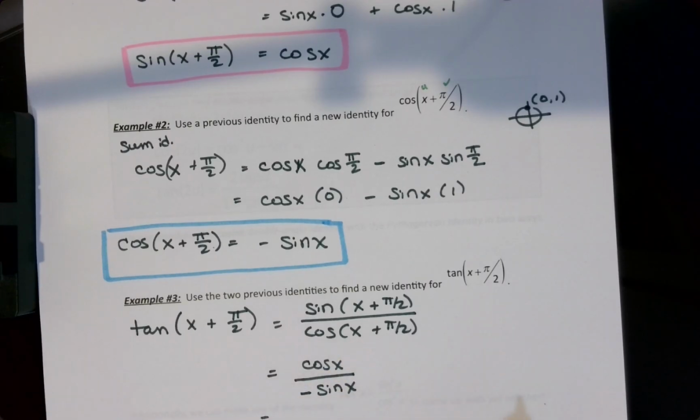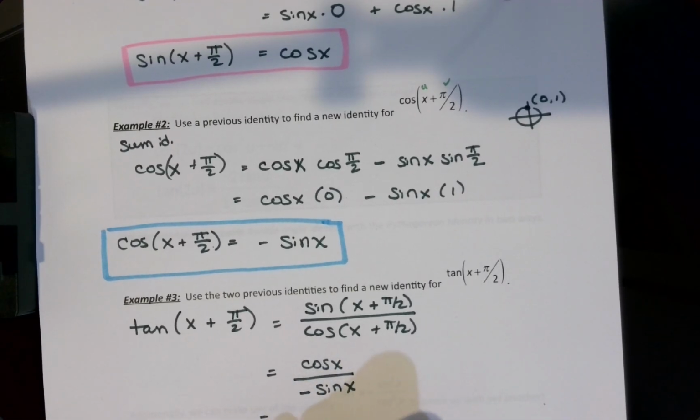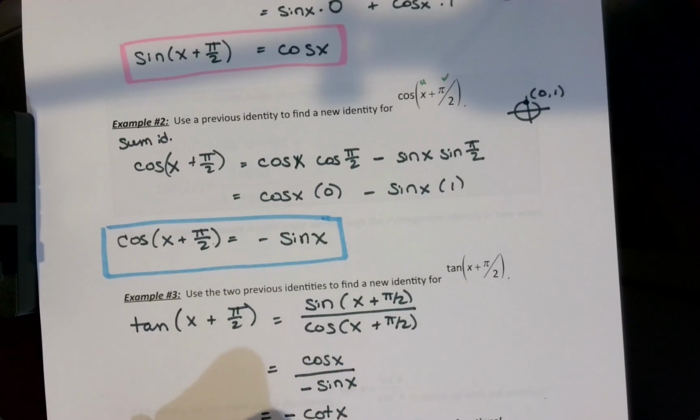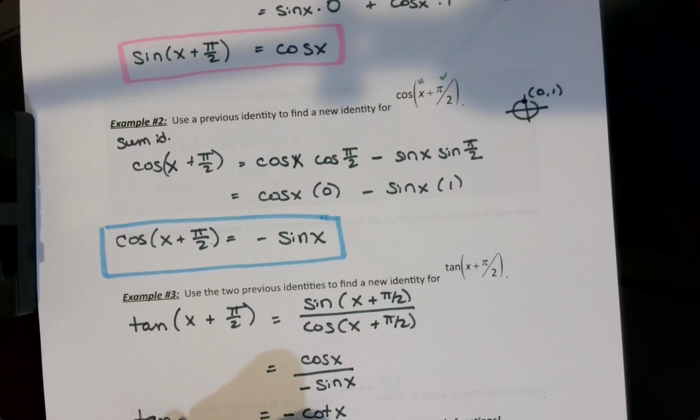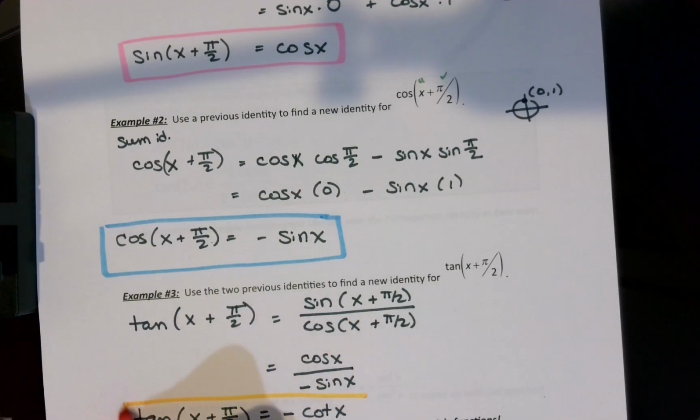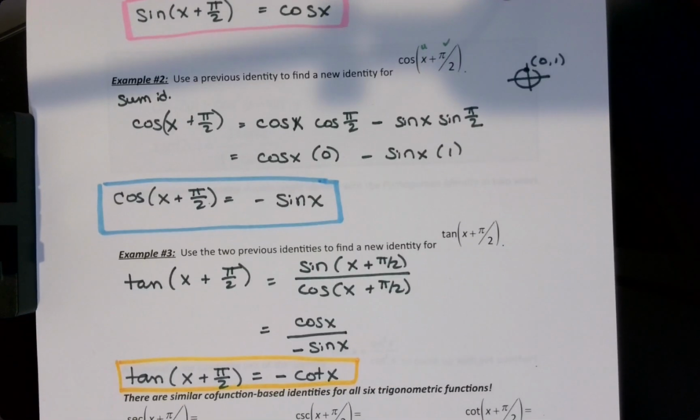And so cosine of x divided by negative sine of x is equal to negative cotangent of x. So my new identity is going to be tangent of x plus pi halves is equal to the negative of cotangent of x. So again, another identity for tangent of x plus pi halves equal to negative cotangent of x.